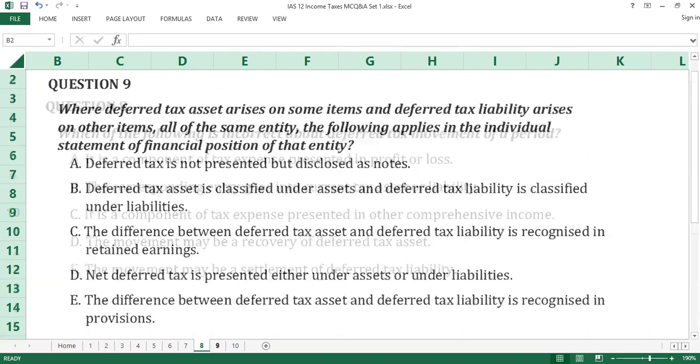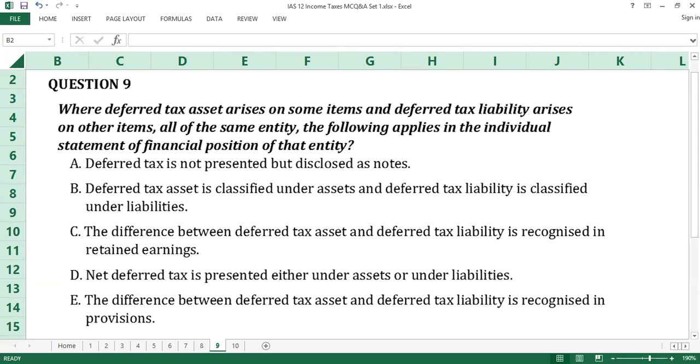Question number 9. Where deferred tax asset arises on some items and deferred tax liability arises on other items, all of the same entity, the following applies in the individual statement of financial position of that entity. A, deferred tax is not presented but disclosed as notes.